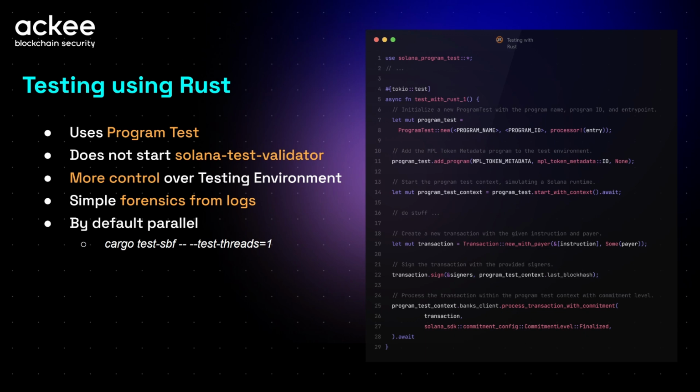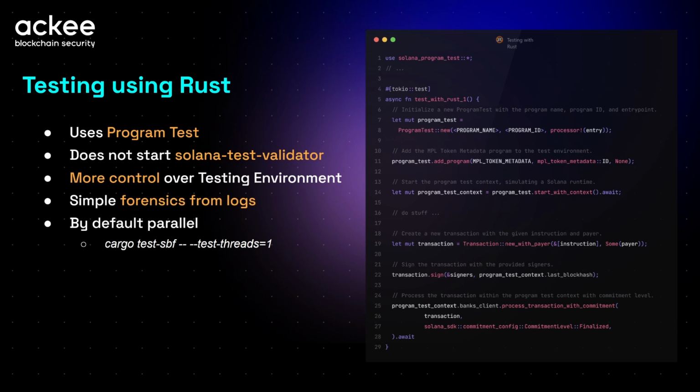Okay, so now more information about this testing scenario. As I said, it uses program test, which is specified with the solana-program-test dependency, or crate. Under the hood, this testing scenario does not start the Solana test validator.